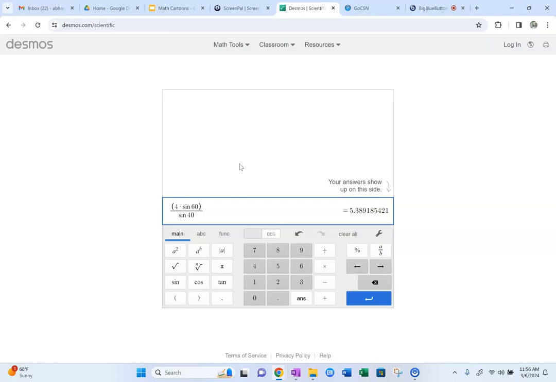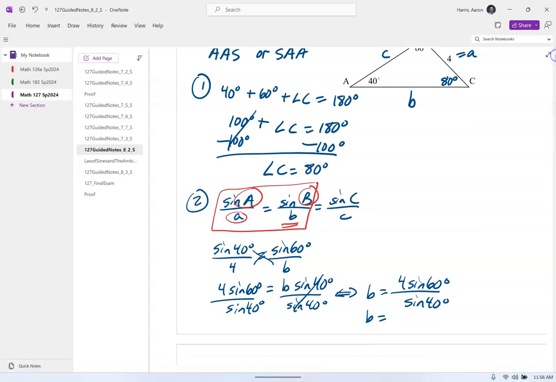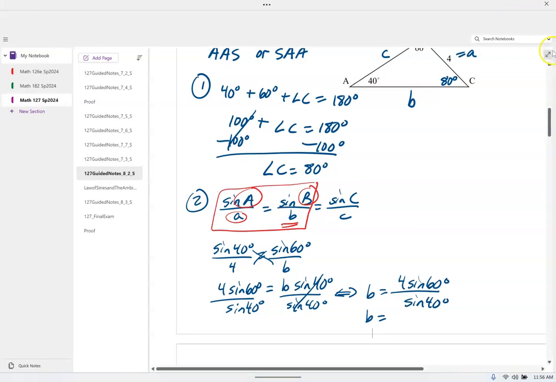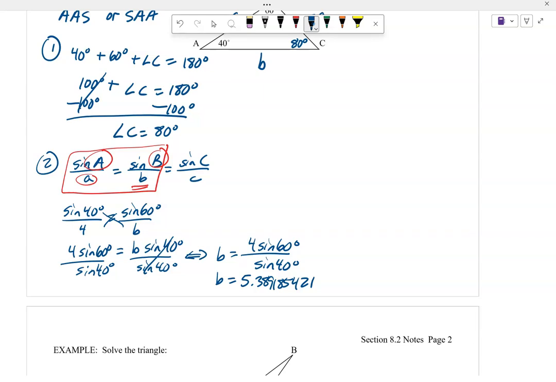So 5.389. I'm going to go ahead and write that in. Right here, let me flip this back over. So B, let me just round that to 5.39. Okay, so now we have side length B. So this is 5.39 side length.